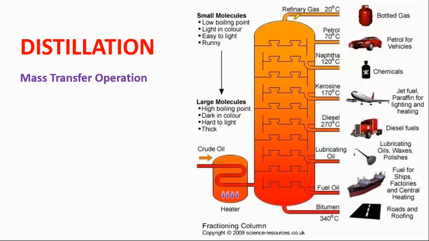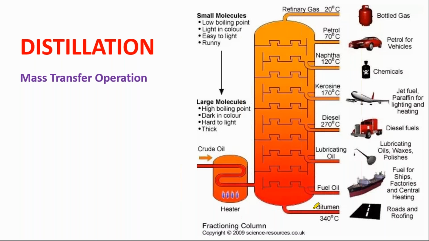So from this picture, we can understand that a variety of products can be manufactured in a single column, called a distillation column, but at various temperatures.